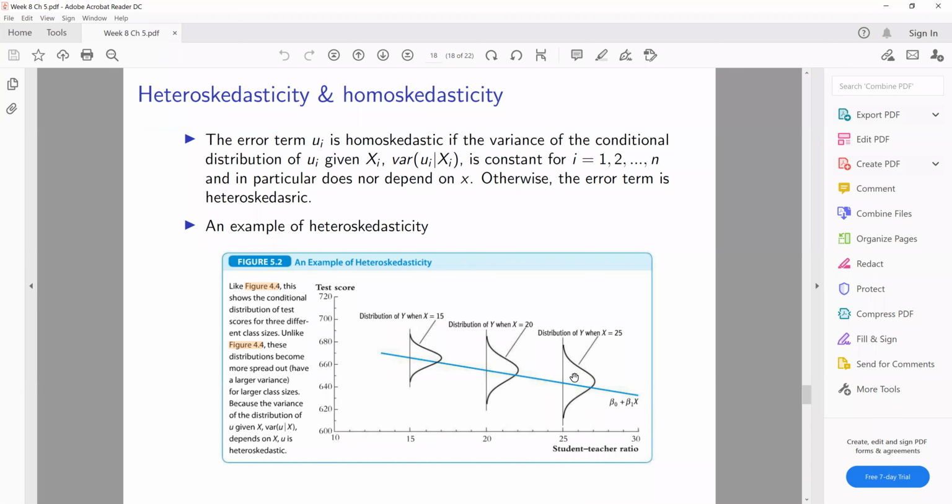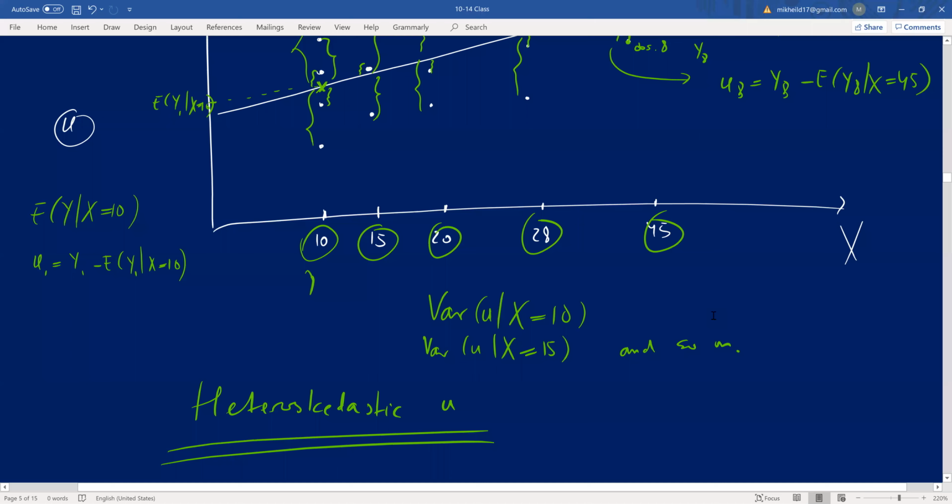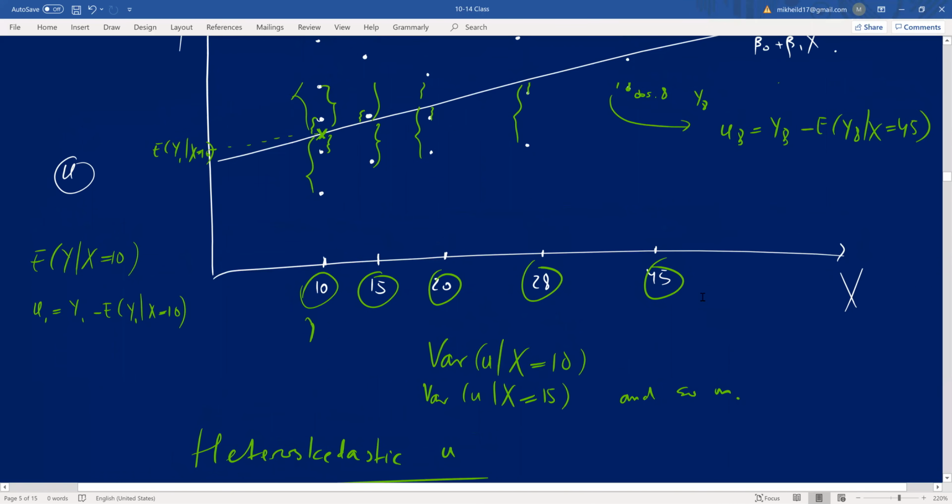That means that the variance of the disturbance is not constant. I explained this in much simpler words already without using these densities, right? But yes, I hope you guys get the point, right?